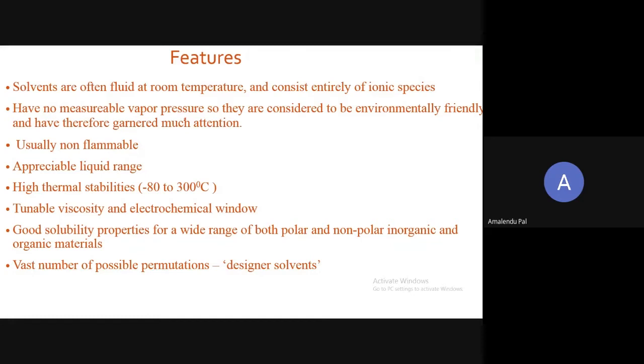So you can keep them for a longer period in an open bottle in air, because evaporation is not too much, as vapor pressure is very low. Not only that, the boiling temperature is 300 degrees minimum. So we can say usually non-flammable.